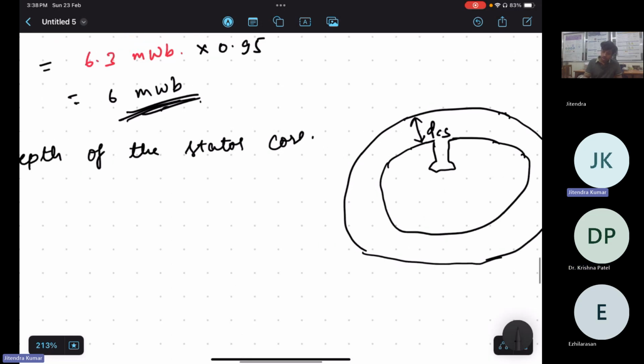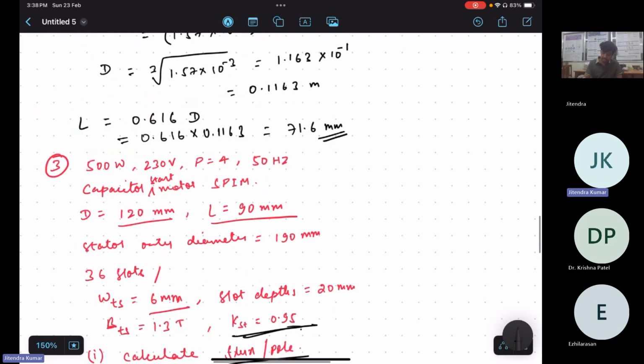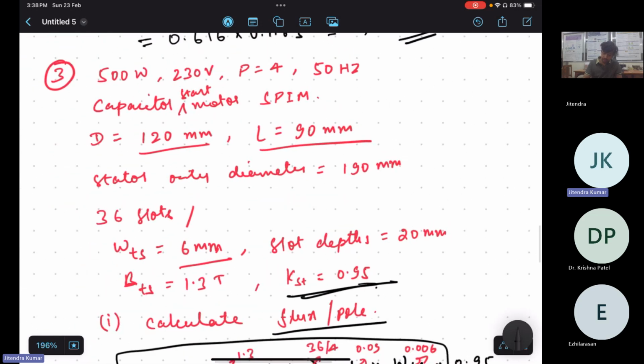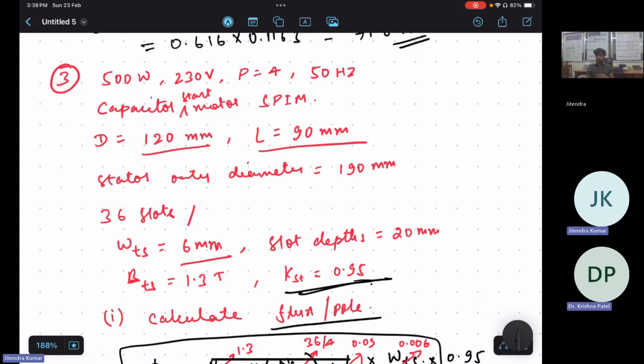So how to calculate DCS? We are given all the geometry parameters. You can see from the question. From which parameters can we calculate DCS? Outer diameter is given, and stack length is given.